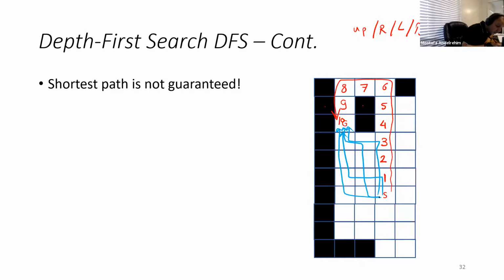So we take 1, 2, 3, 4, 5, 6. But for depth first search, what it gave us is 1, 2, 3, 4, 5, 6, 7, 8, 9, 10. That is 40% extra length.